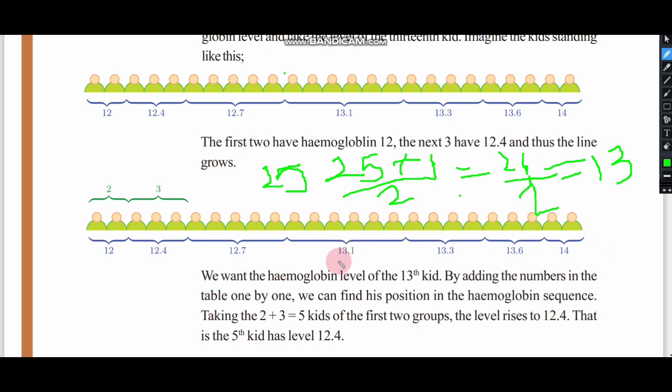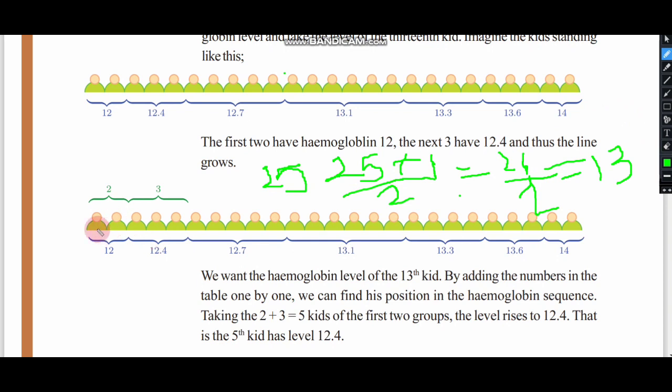The 13th child's hemoglobin level is considered as the median hemoglobin level. So which one is the 13th position child, and what is the hemoglobin level of the 13th child?